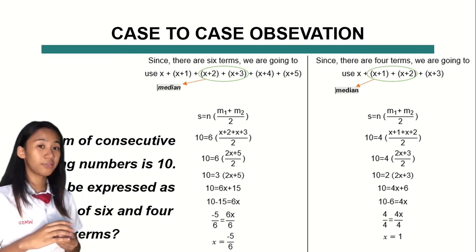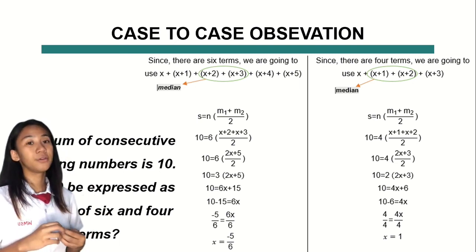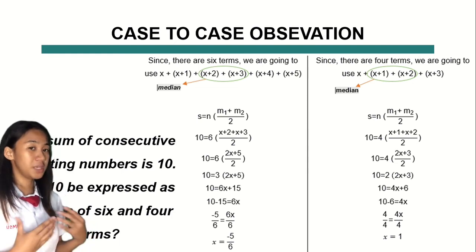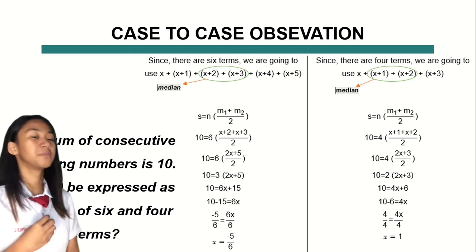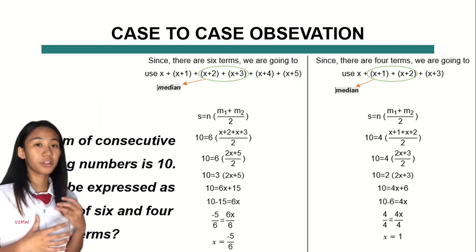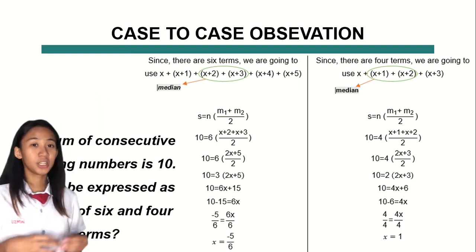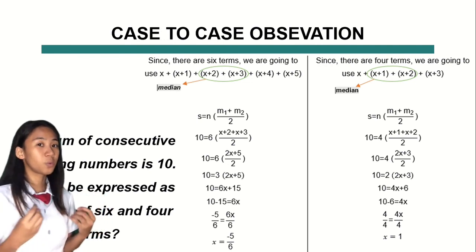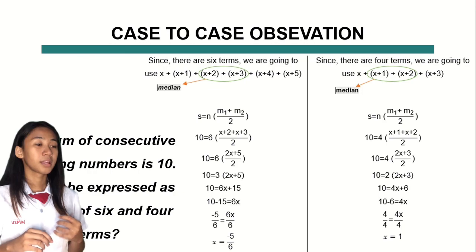Now we divide both sides by 4 so that x will remain. So our x would be 1, and it is a whole number. We are going to explain further later in our discussion what the implications are, or what the conclusion is, or what the case is all about.